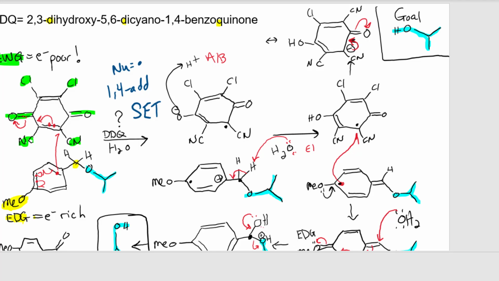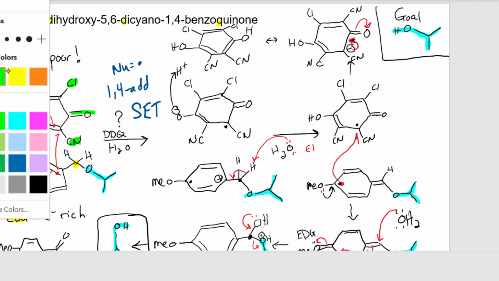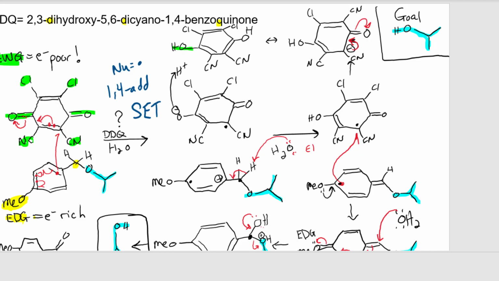And that enolate gets protonated. That O- can then just get protonated in the system as the OH. So if you look at the DDQ, you started with carbonyls, you ended with alcohols.